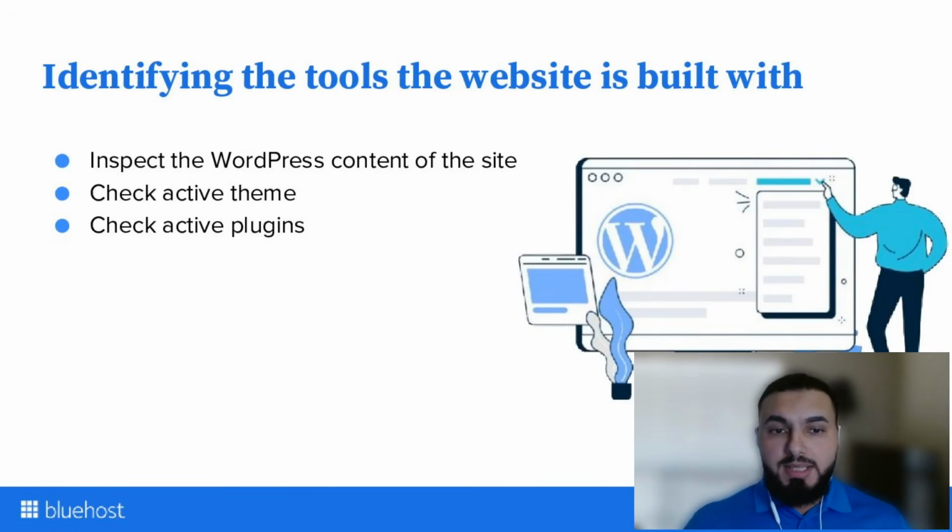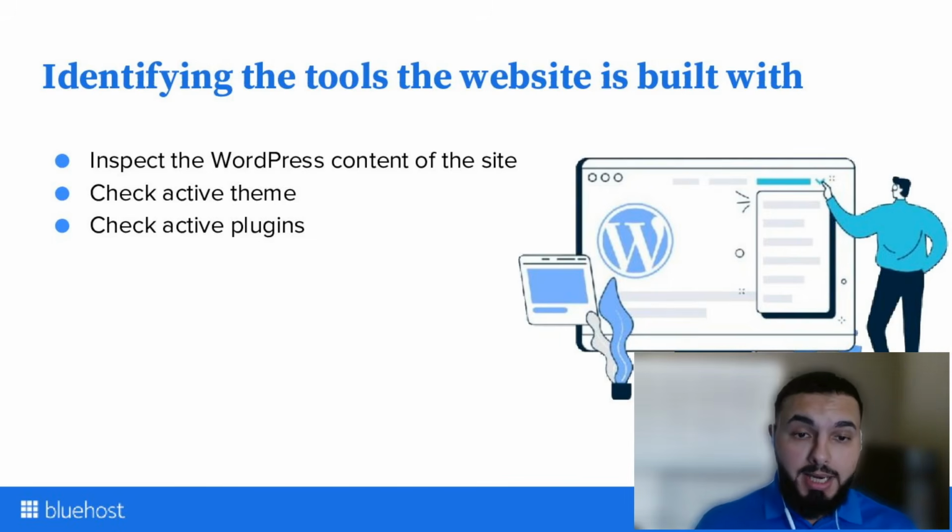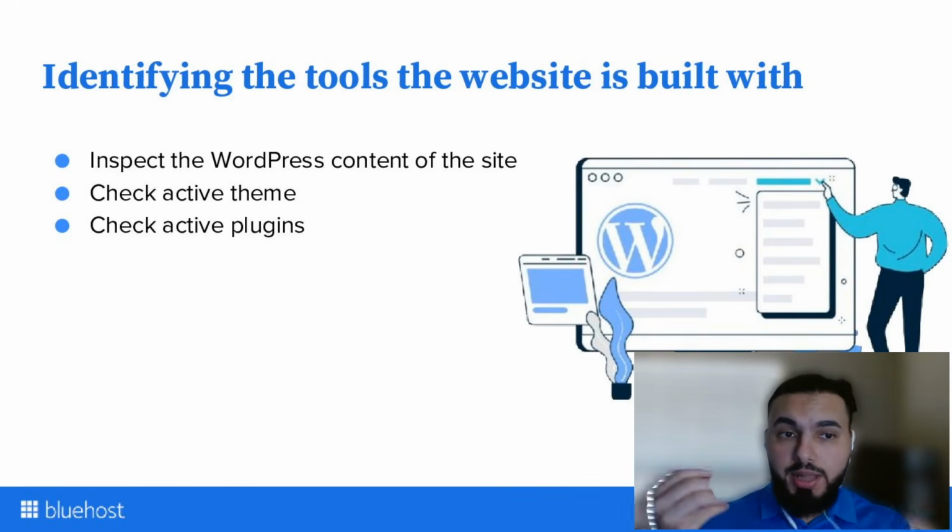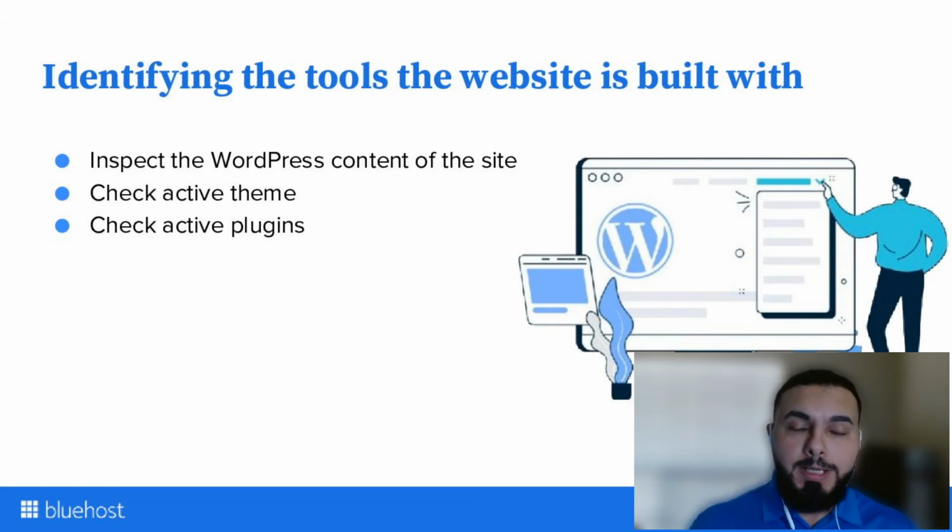So the first item is identifying the tools the website is built with. There are a few ways we can achieve that. We can do that by inspecting the content of your WordPress, so the posts and the pages. We can inspect the content and look for certain flags that can help us identify the tools the website is built with.